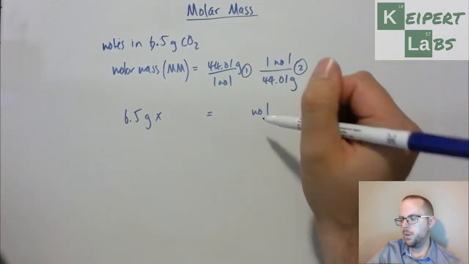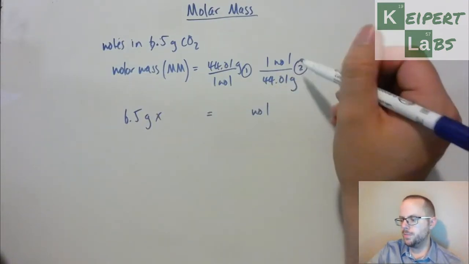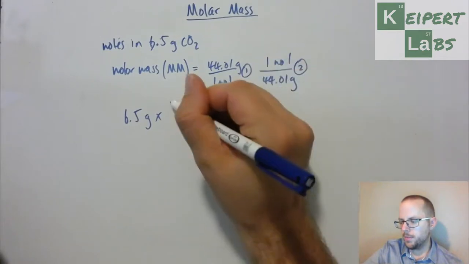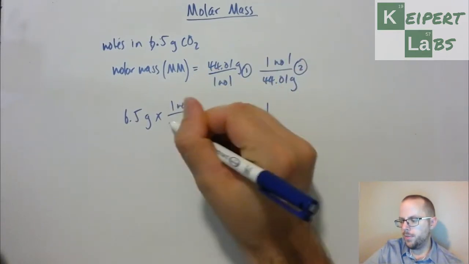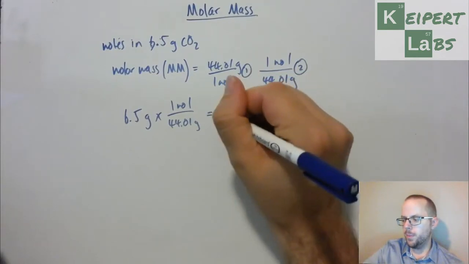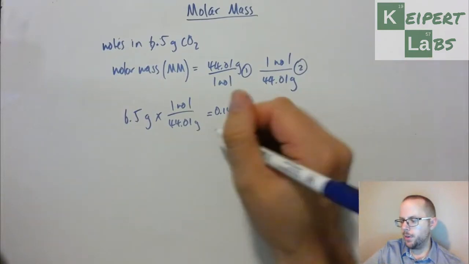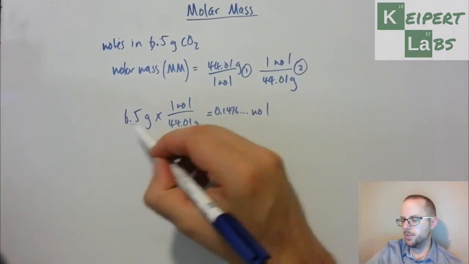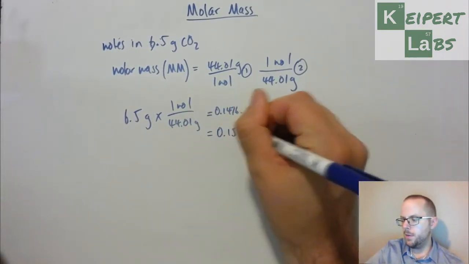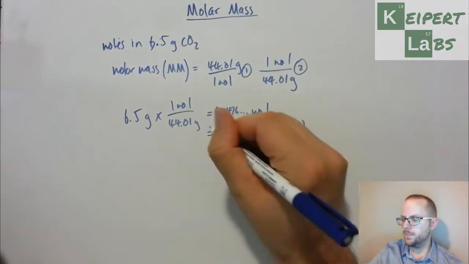So the units that I want over the units that I have is going to be version 2. So I'm going to multiply by 1 mole for every 44.01 grams, and I get a value of 0.1476 moles. If I round off to 2 significant figures, which is what I'm provided with, then it's 0.15 moles to 2 significant figures.